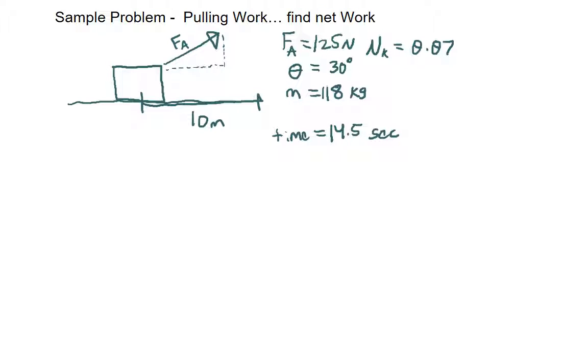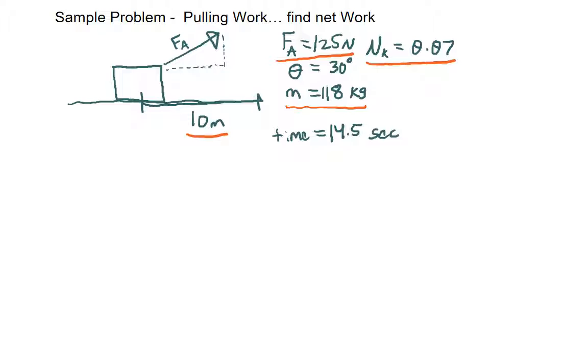So if we break up this force applied, the force applied at an angle here is 125. We have the coefficient of kinetic friction, which is 0.07, and the angle's at 30 degrees. And we've got the mass here. And it's over 10 meters.